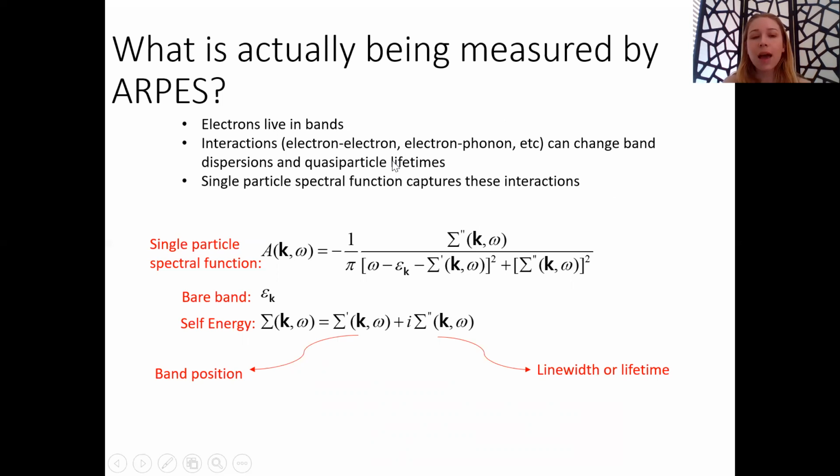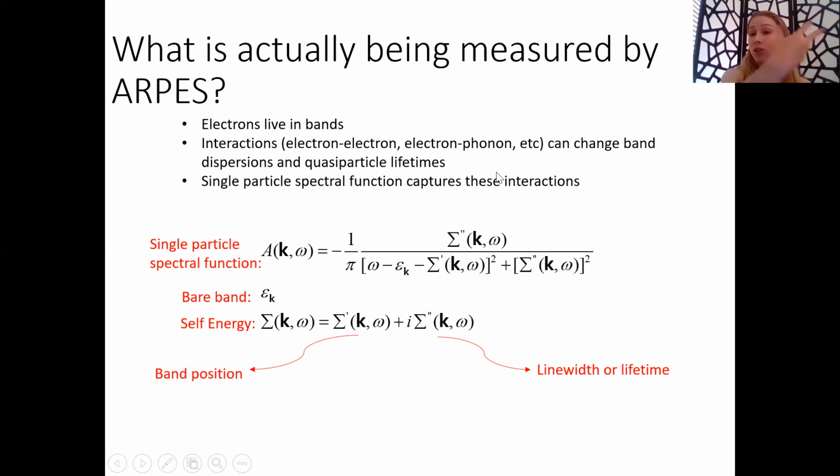So it turns out that in a real material, you have some interactions that in the mini lectures that I've given have been ignored. So you have electrons interacting with other electrons, you have electrons interacting with lattice vibrations, you can have electrons interacting with magnetic degrees of freedom. So all of this can happen. And these interactions can change the band dispersion, they can change energy versus K, and they can also change the lifetime of so-called quasiparticles.